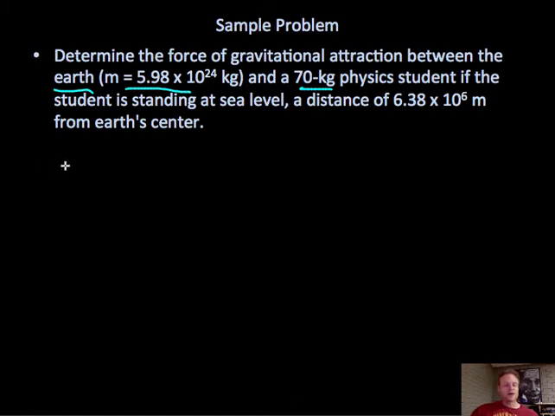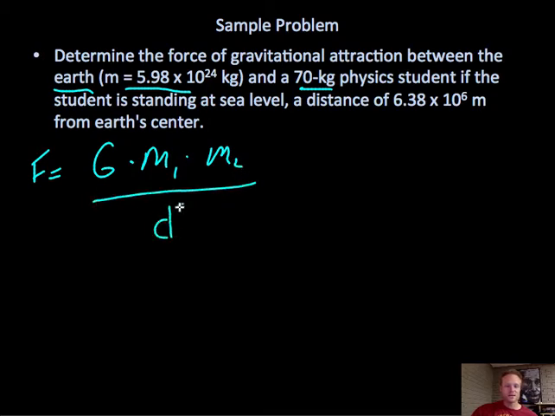Newton's universal law of gravitation is F equals big G times mass 1 times mass 2 over distance squared.